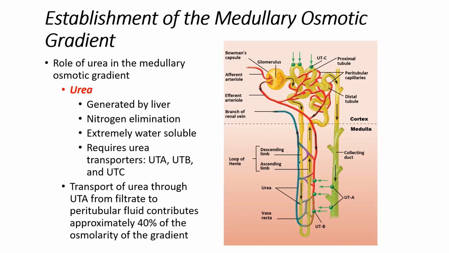It has that osmotic pull that we talked about. And that is also going to be important in maintaining the medullary osmotic gradient. So this deeper part of the medulla is going to have a more concentrated osmolarity than the cortical areas or the proximal areas of the kidney, of the nephron.